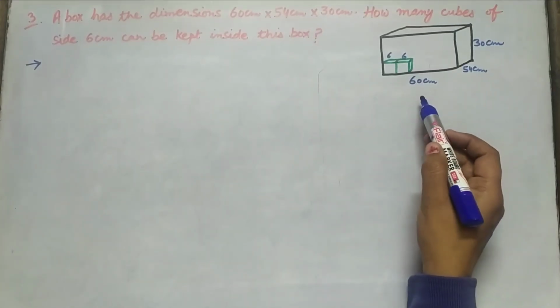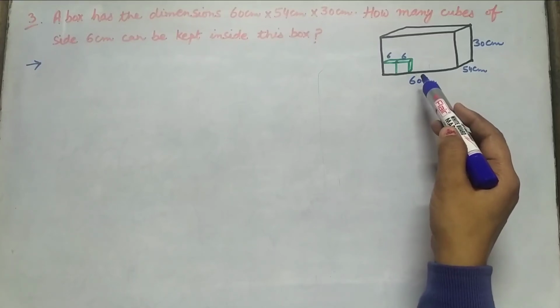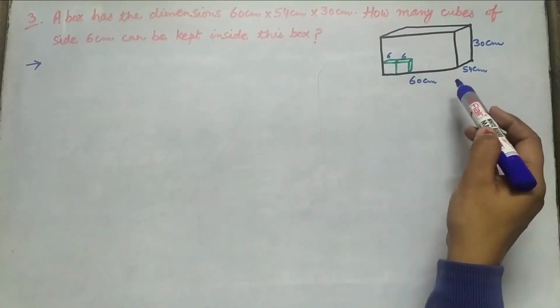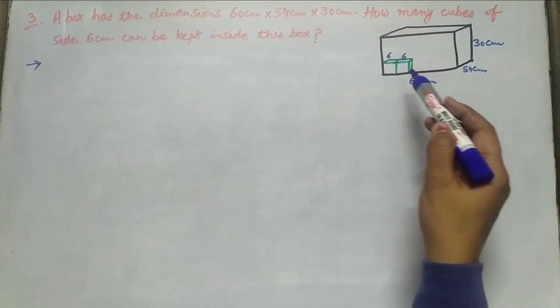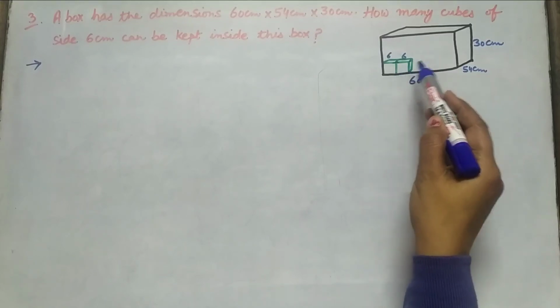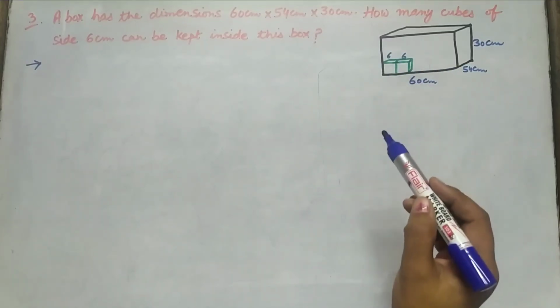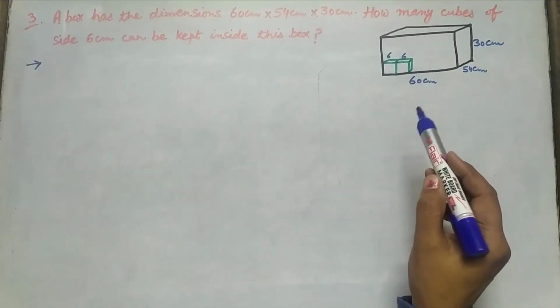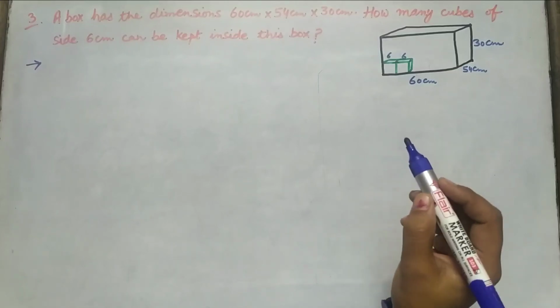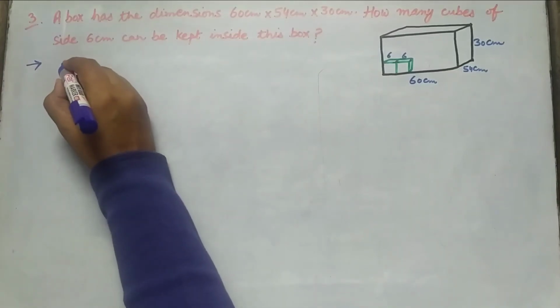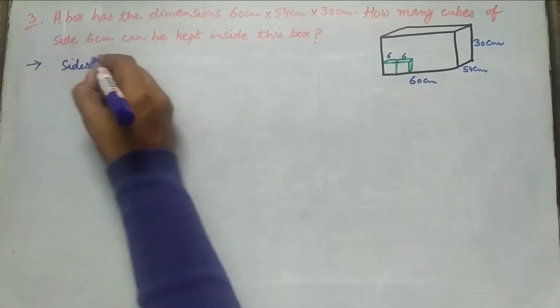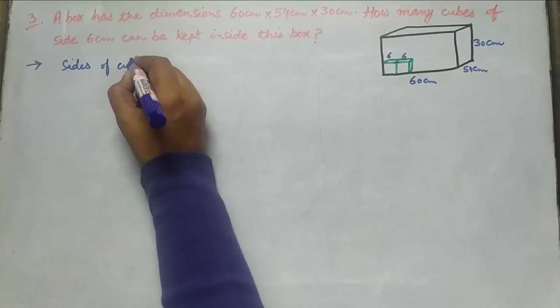Like in our given question, the bigger volume is that of the cuboid and the smaller volume is of the cube. When we divide these two volumes, we will get the counting number of cubes. So let us see the sides of the cuboid.